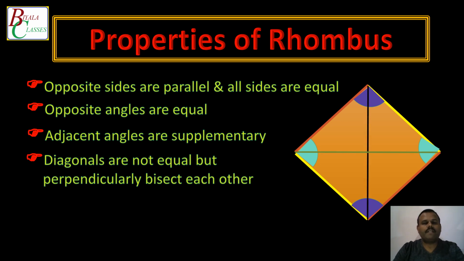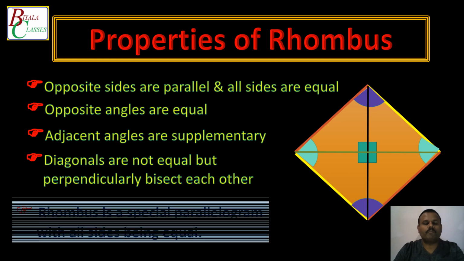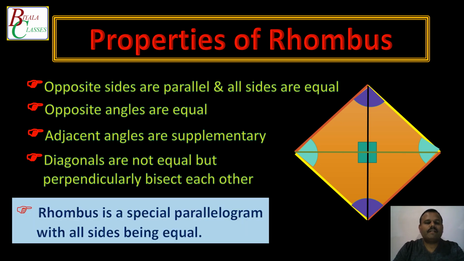Means they are bisecting each other, same like parallelogram, but the difference is that they are perpendicular to each other. Both the diagonals form an angle of 90 degree in between them. Hence we call rhombus a special parallelogram with all the sides being equal. Now why a special parallelogram?